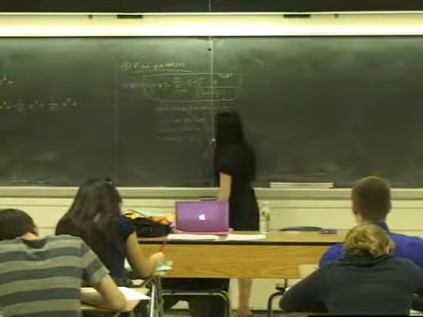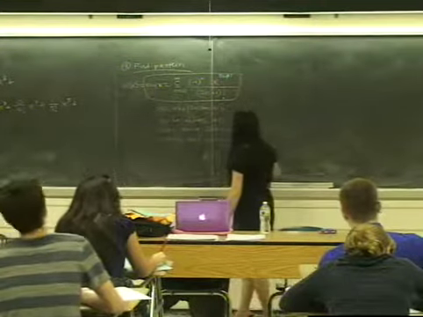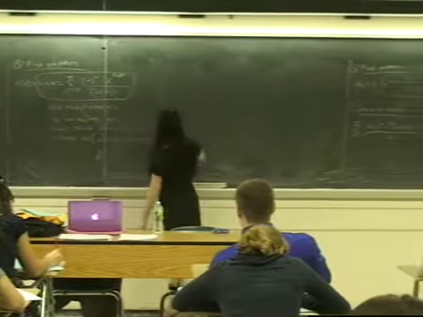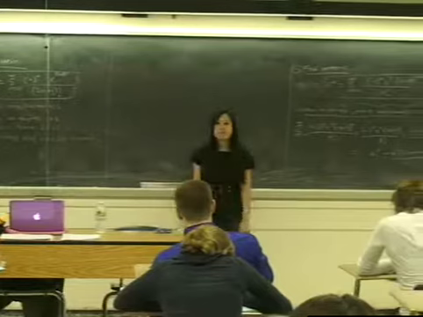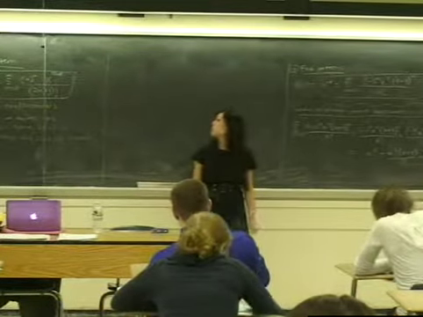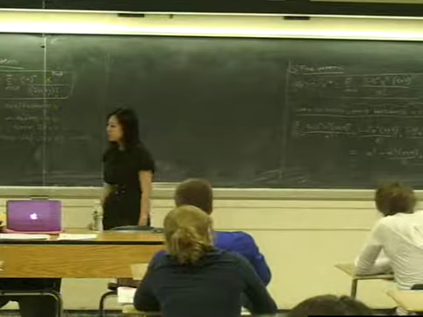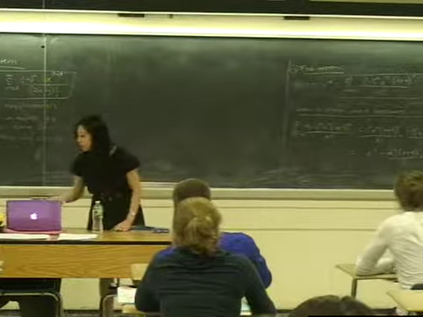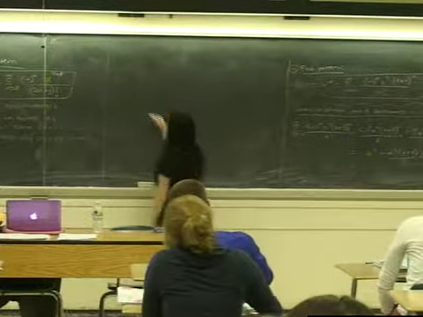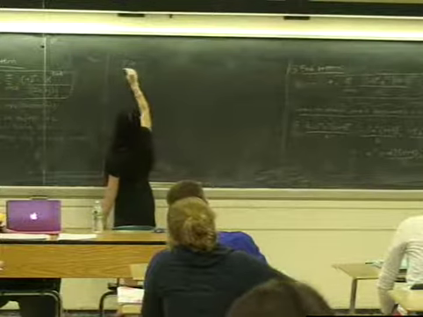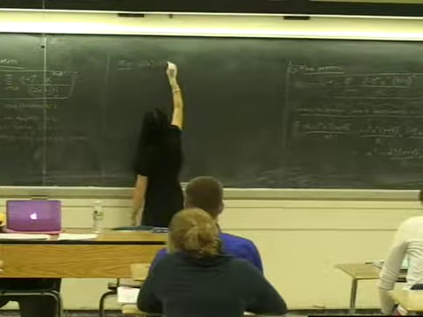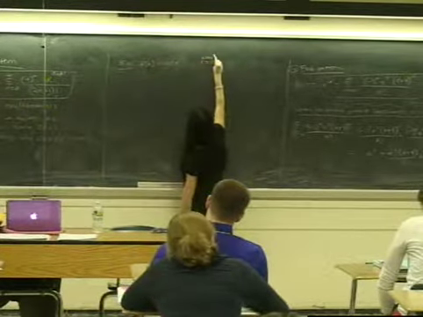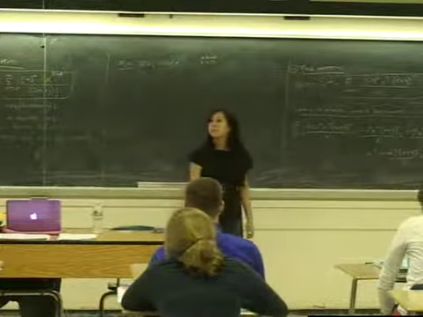And in parentheses are since 2n is even. Any questions?